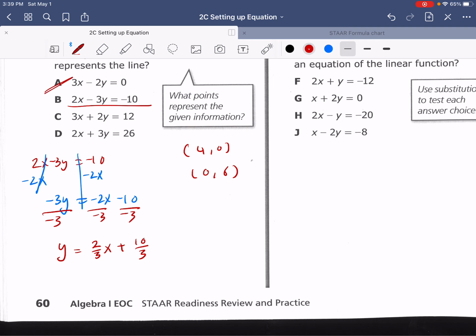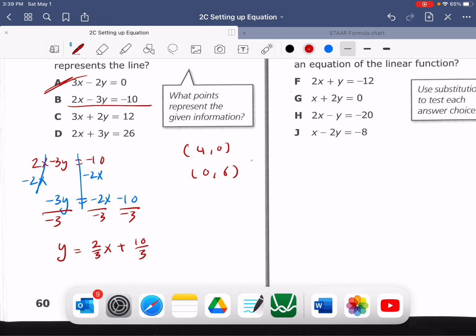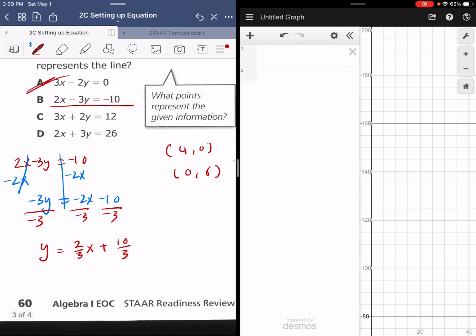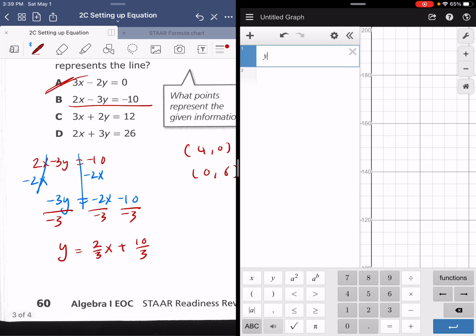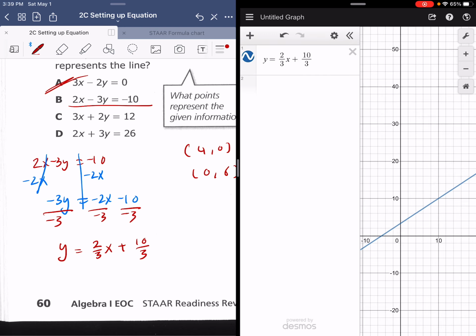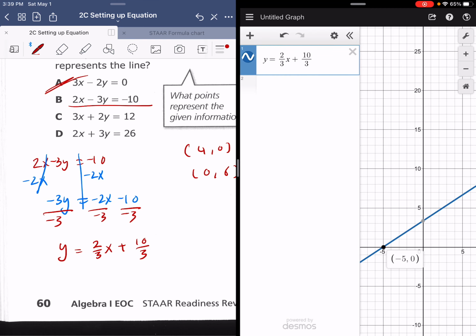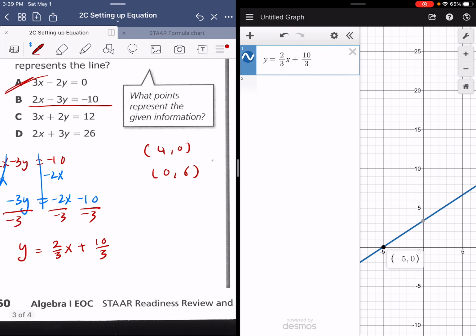I know A is not going to be the solution for sure, because I'm a math teacher, I already know it. If you have that, let's see. This one has negative 5, comma 0 as an x-intercept, not 4, comma 0, so that's not it.